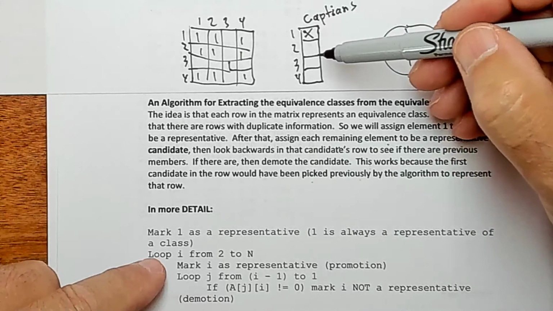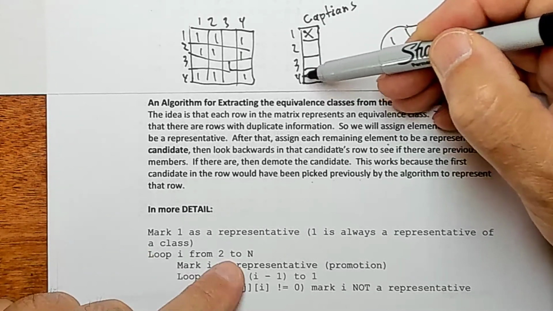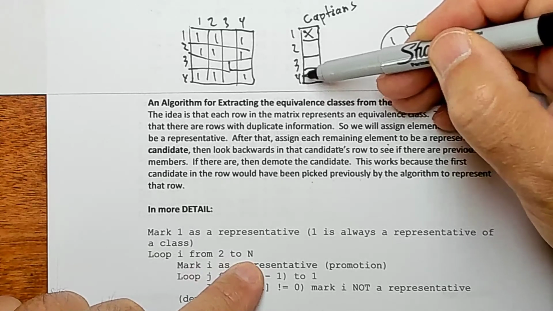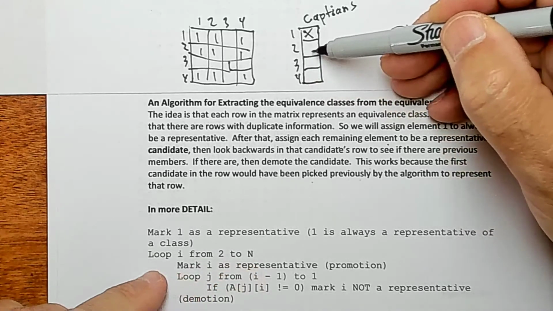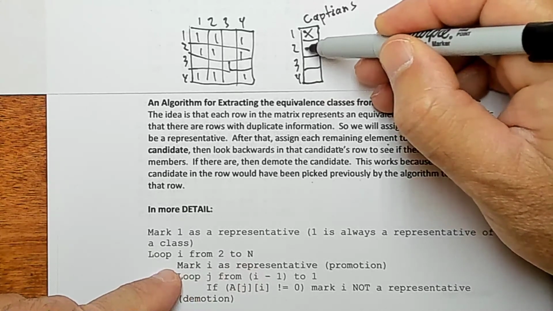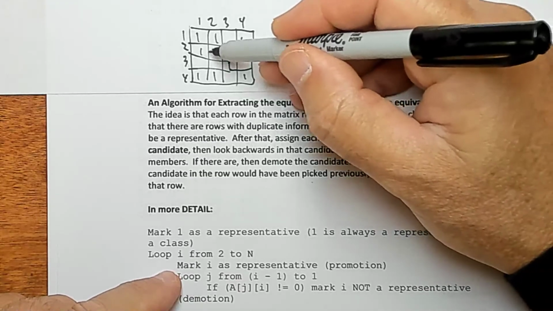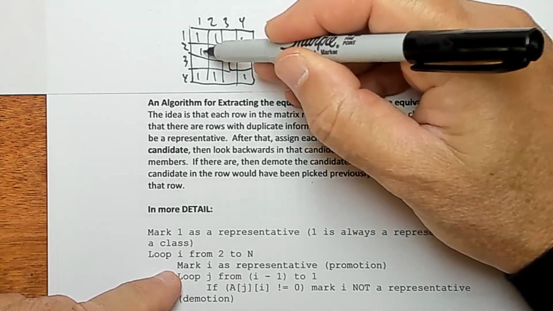So what we do here is I go through 2 to 4. I loop from 2 to n, which is 4 here. Just loop through, and mark him as a representative, like a temporary representative. Mark him, and then look back to see if there's somebody else before him.